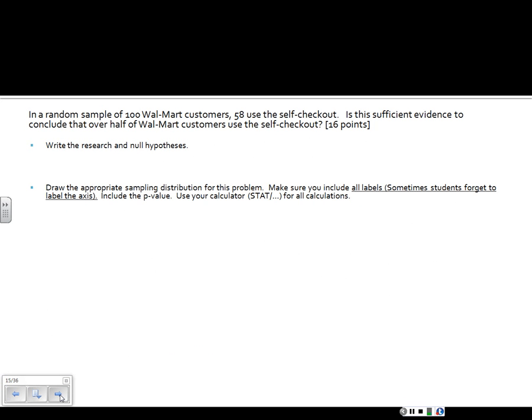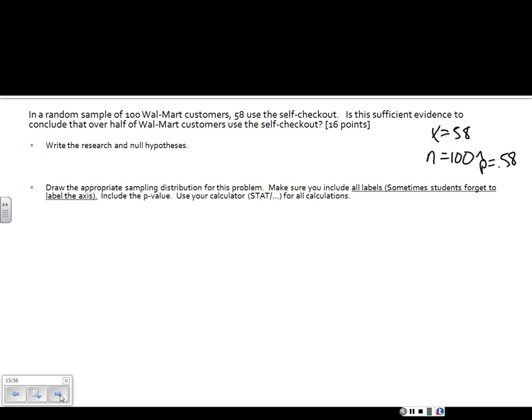Okay, so the next one, we had a random sample of 100 Walmart customers, 58 who use the checkout. So they either do or don't use the checkout. It's a qualitative variable where we have 58 people who answer yes, if you want to think of it that way, out of a total of 100. Of course, that would make the sample proportion equal to 0.58.